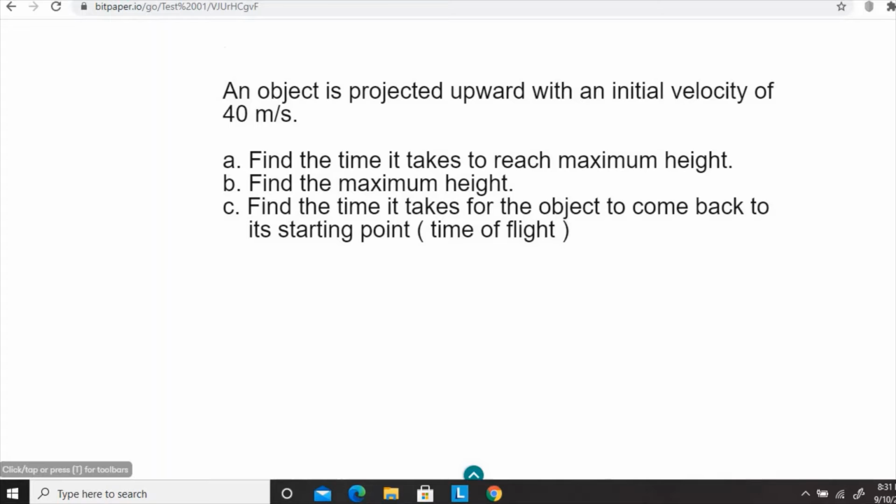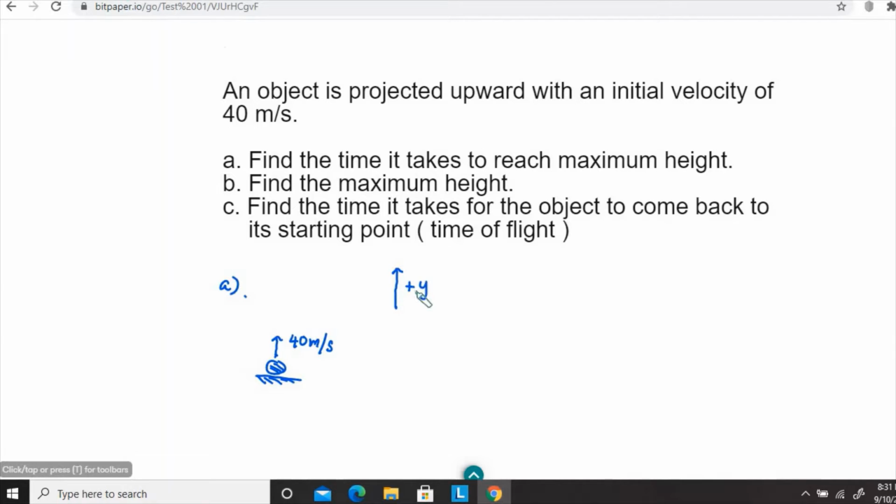So let's look at part A. Find the time it takes to reach the maximum height. So let's say that our object is like this, and it has this vertical velocity of 40 meters per second. I'm going to draw the positive direction like that.